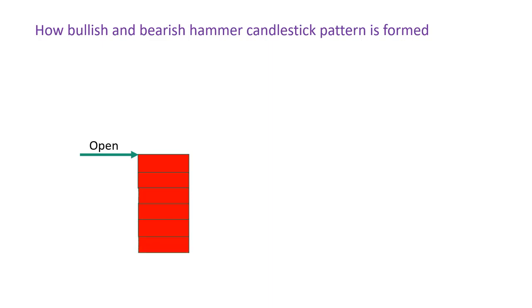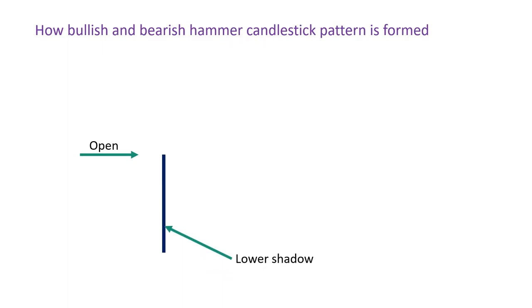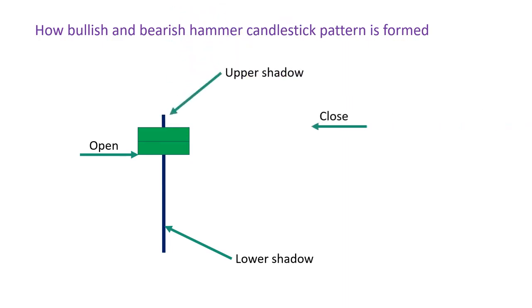And now here, the buyers reject this lower price and push the price higher, all the way up to where the price opened in the morning, leaving a lower shadow, and then the buyers still push the price up, and then again it gets rejected by the small presence of sellers in the market, leaving an upper shadow, and the market closes at this point.